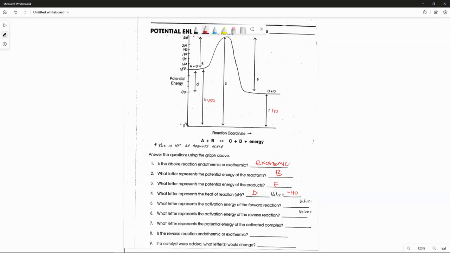What letter represents the activation energy of the forward reaction? Forward reaction means that we take it as is. So the forward reaction is going, activation energy is found by this right here, from here to here.